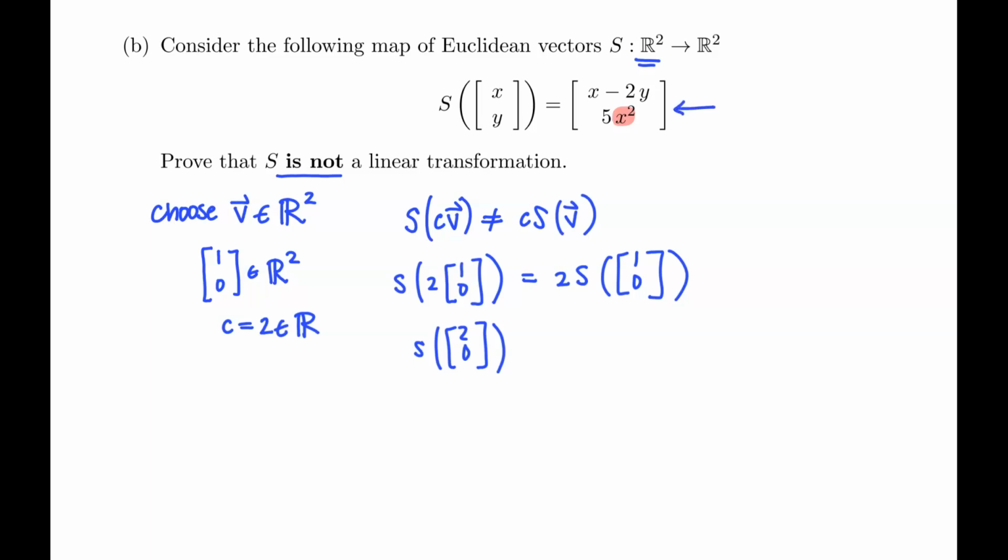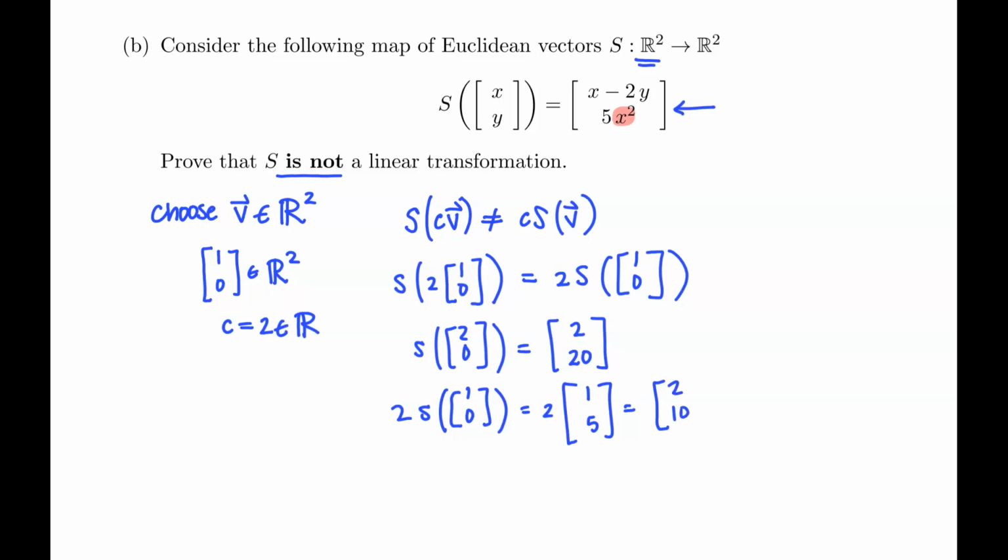In this case, this will equal 2 and 5 times 2 squared, so 20. And I also want to do the other thing: S of 1, 0, and multiply by 2 afterwards. So let's leave the 2 on the outside. S of 1, 0 would be 1 and 5, and then we'd end up with 2 and 10.